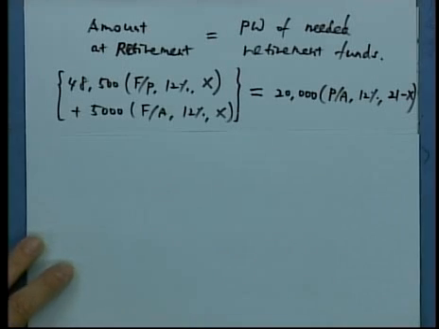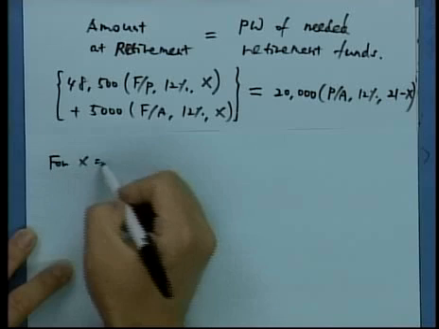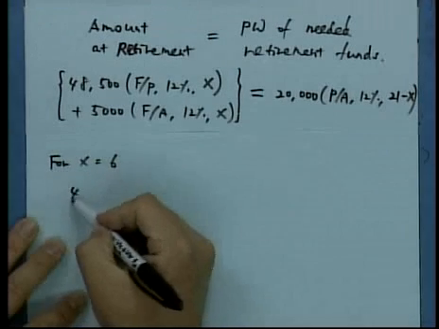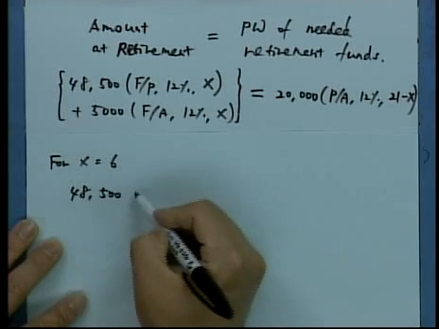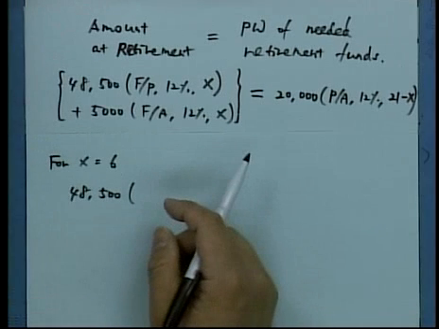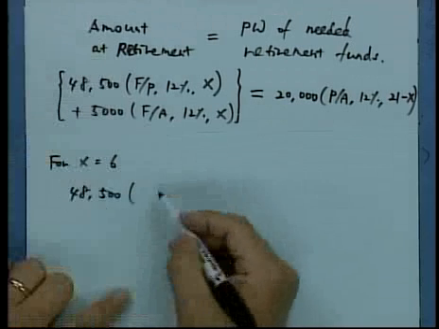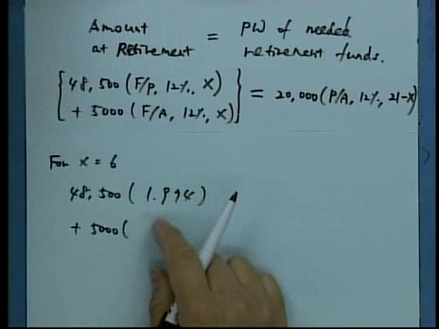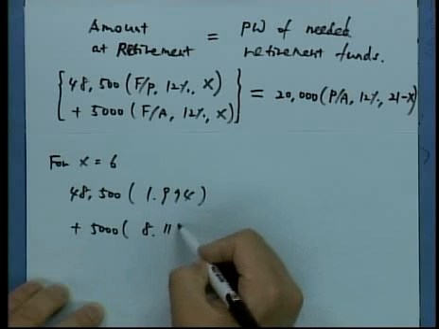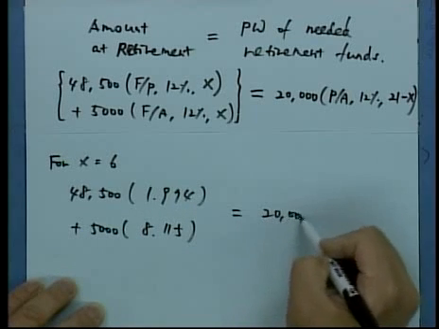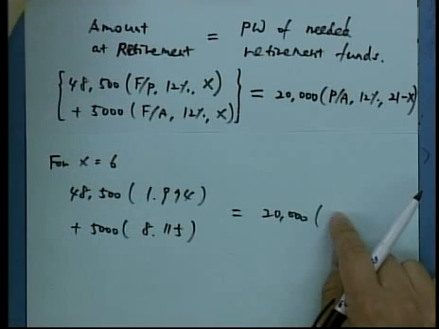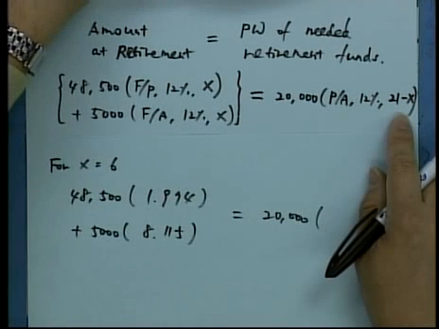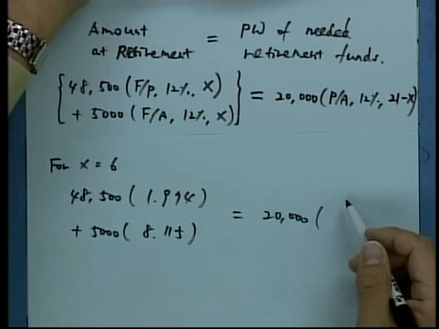So next, let's try X equals 6. If X equals 6, the left-hand side becomes F given P over 6 periods, 1.974, plus 5,000 times F given A over 6 periods, 8.115, equals 20,000 times P given A, 21 minus 6 is 15, so 6.811.